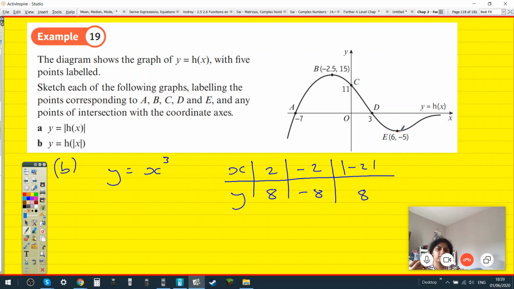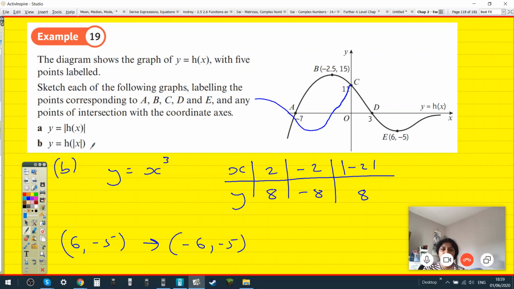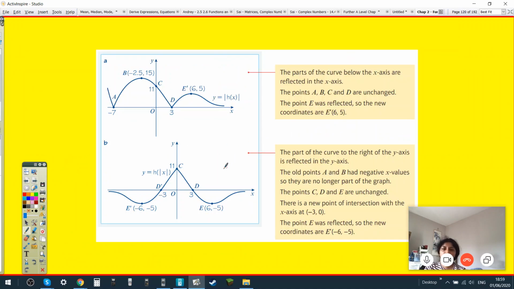Oh, okay. So let's say 6, minus 5. What would that become? That would be minus 6, minus 5. Well done. And so it's like a reflection of the positive side. Something like that, and so it looks like that.